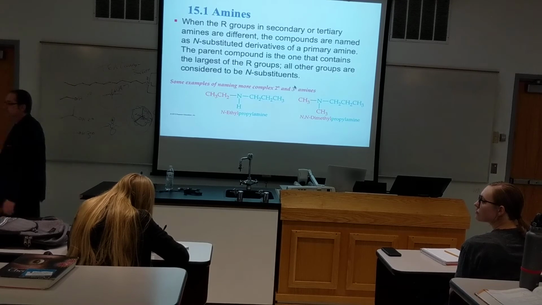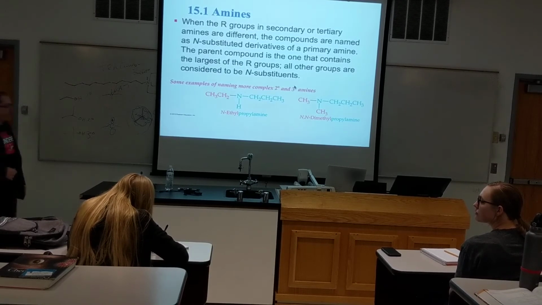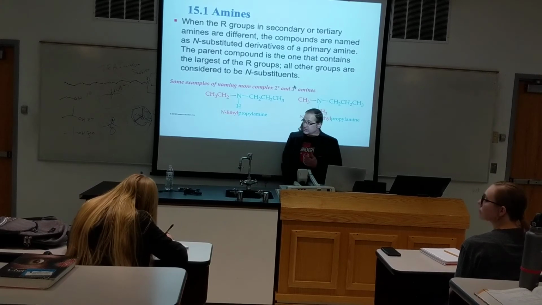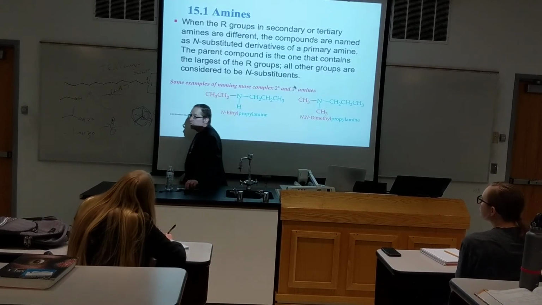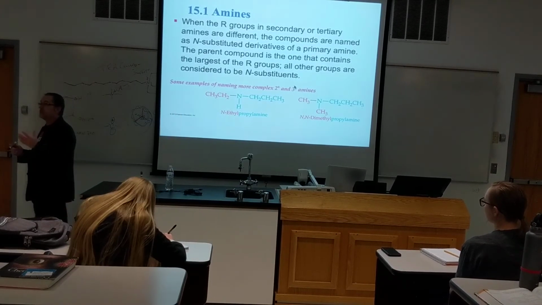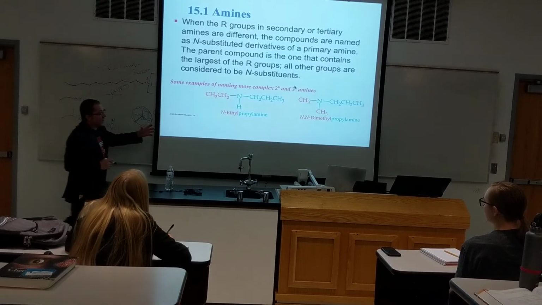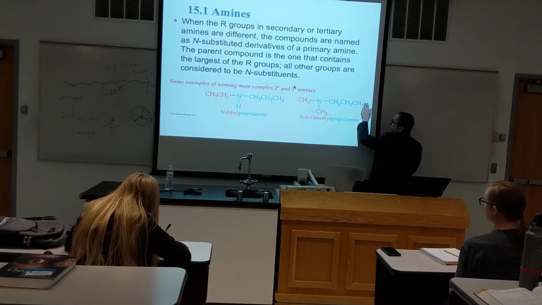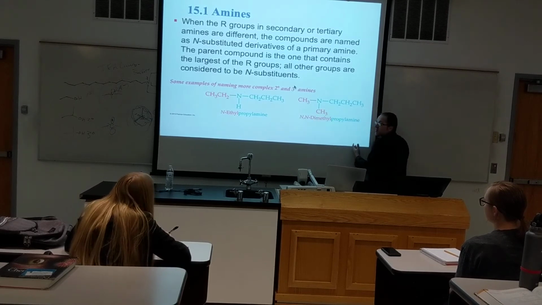So what if there was another nitrogen on the other side of the propane? Then we would have to use a rule 5, and that's still a lot beyond this book, but you would name it, if it was on the back here, then you'd have a 1, 2, 3, and let's just say that it was an N-dimethyl.